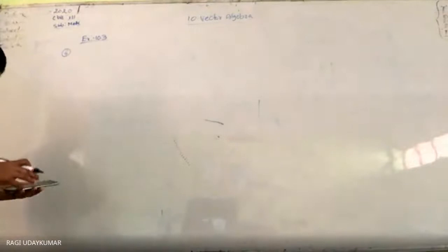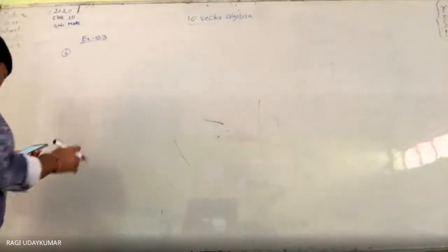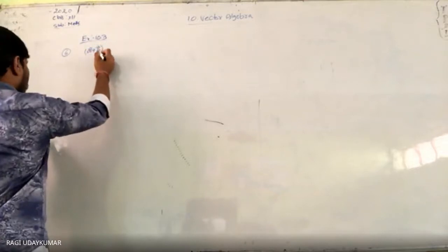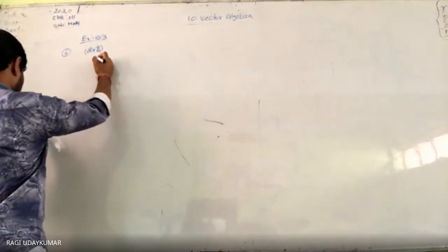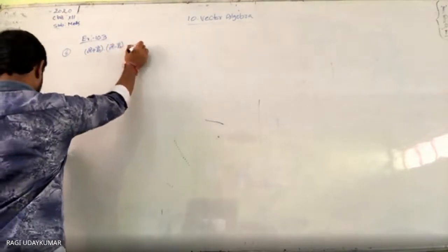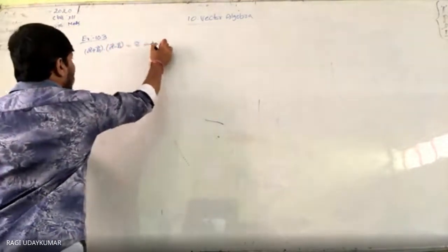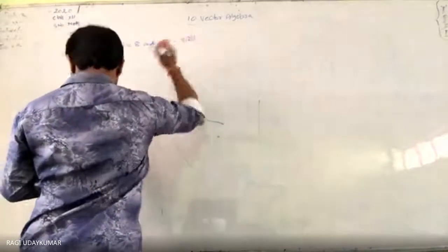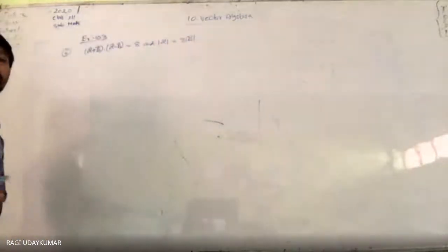The question given to you is (A bar + B bar) dot (A bar - B bar) = 8, and magnitude of A bar is equal to 8 times magnitude of B bar. It is asking me to find the magnitude of A bar and magnitude of B bar.